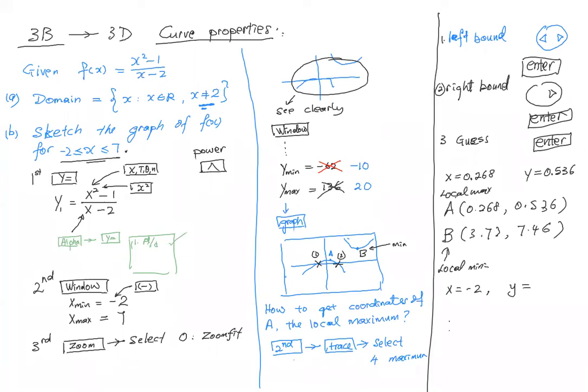From your graph? You press second trace also, number 1, value. So you can type in your x equal to -2. So what is your y, may I know?